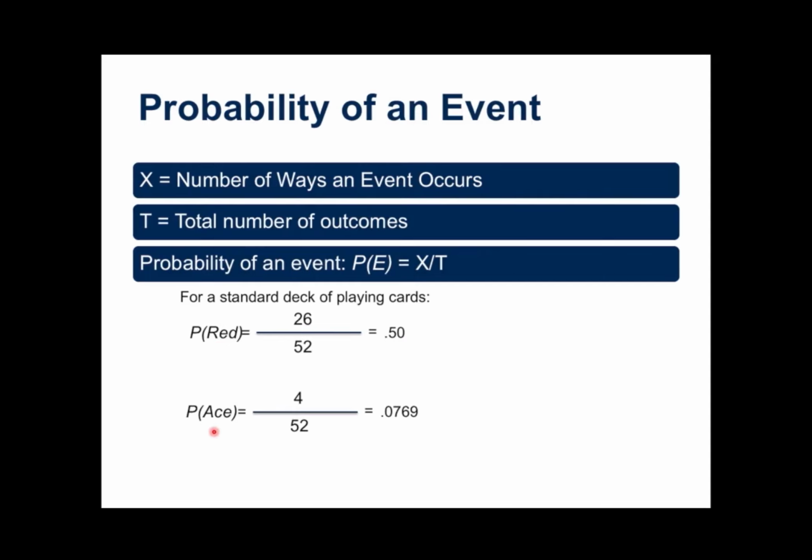Similarly here, what's the probability of choosing an ace? Well, there's 4 aces in a standard poker deck divided by 52. So you have about an 8% chance of selecting an ace when you have available to you all the cards in the deck. So all you blackjack players out there, you probably know this very, very well.